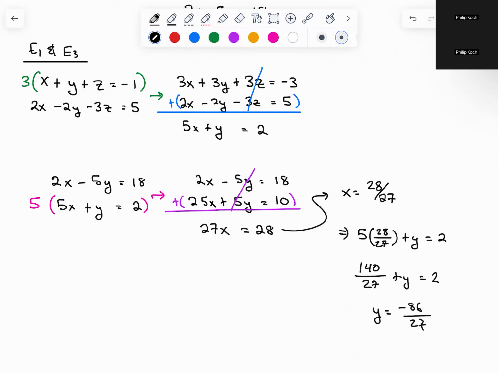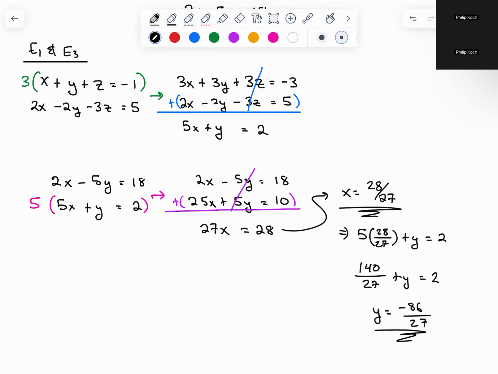Now I'm starting to feel even more skeptical. Like 28 over 27 wasn't too terrible, but negative 86 over 27, that's looking even worse. So I'm still skeptical, but I'll hold my disbelief for a moment and come back to it later. Oh, I forgot to underline my x value.